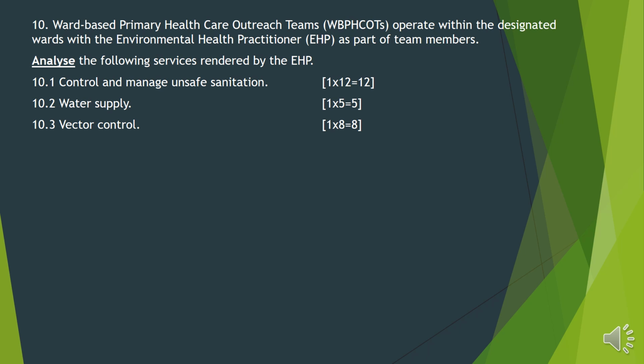So we need to know all these services and how the environmental health practitioner does that. So remember, when you talk about the environmental health practitioner, this is different from a community health nurse. They are all members of the multidisciplinary team, but the environmental health practitioner has their own roles and duties pertaining to environment.